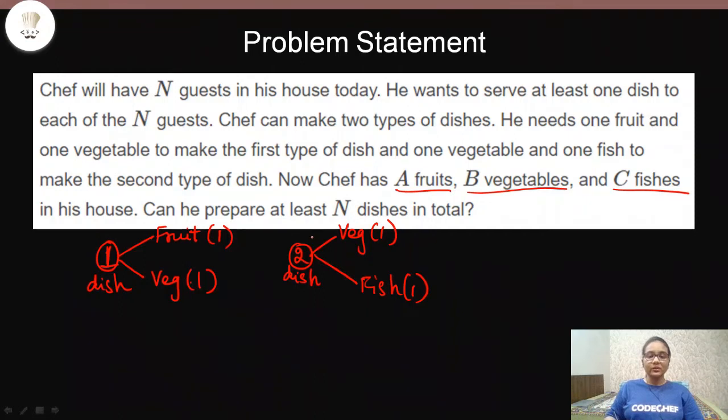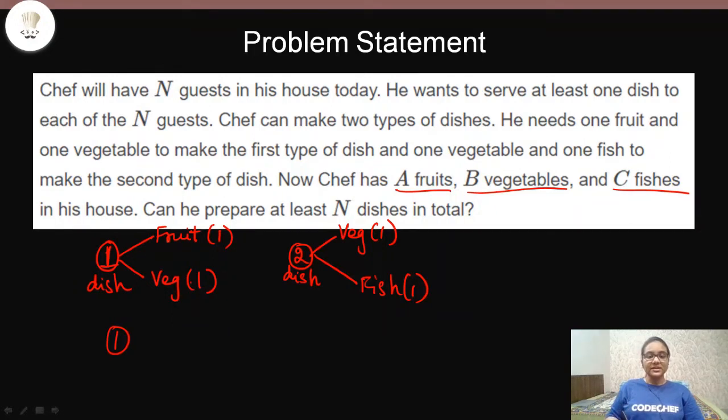So what can we see here? For every dish, that is for every guest, either one fruit and one vegetable is required, or one vegetable and one fish is required, right? So for a single guest we require either the first dish or the second dish. We do not need both, right?